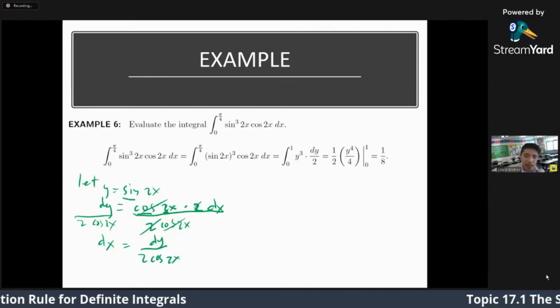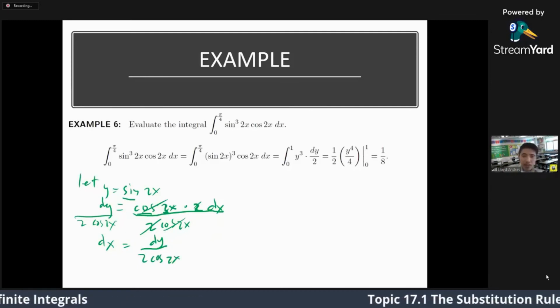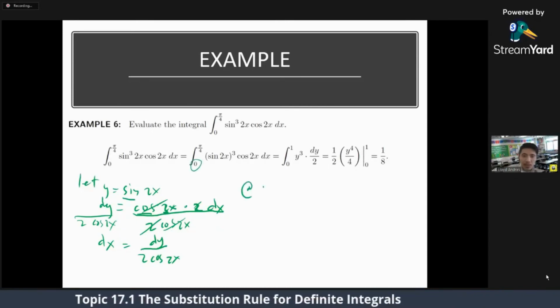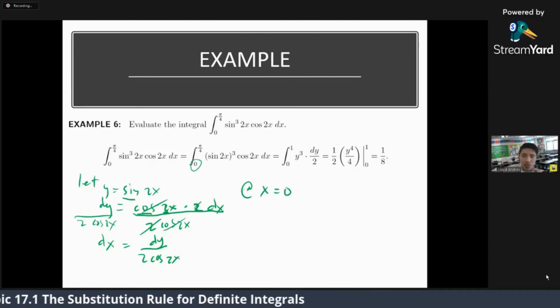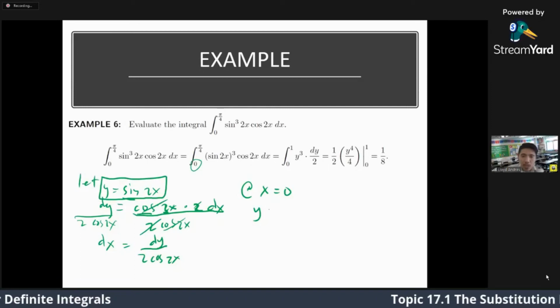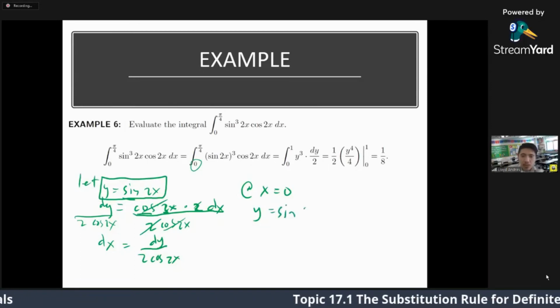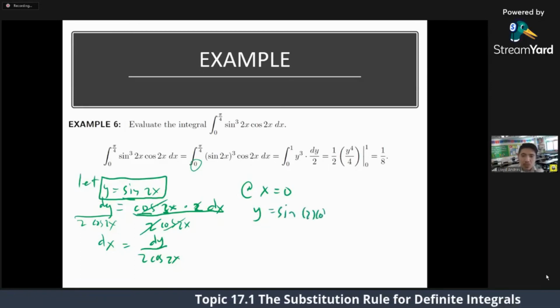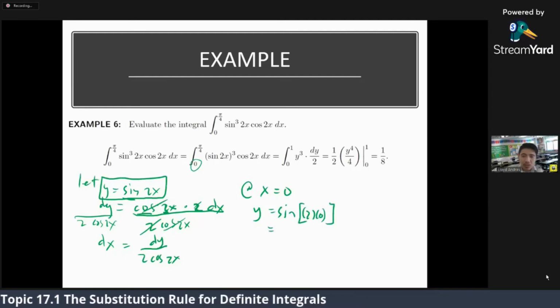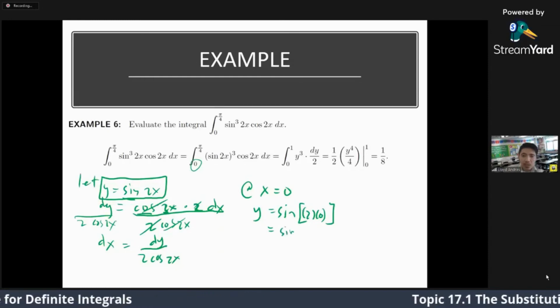Okay, from that, we need to substitute. So at x equals to 0, using what we let earlier, y equals to sine 2 times 0, which is sine 0.